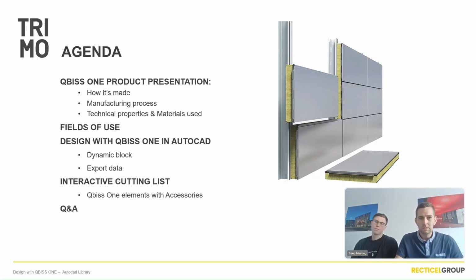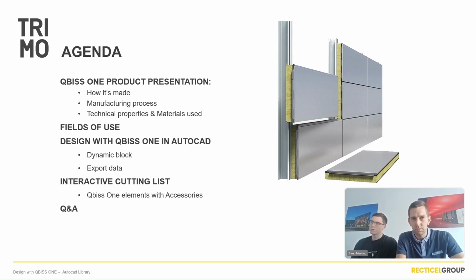Then we'll look at the fields of use, showing where qbiss One can be applied in different types of building setups. And once we cover the fundamentals, we'll move into designing with qbiss One in AutoCAD. Here we'll demonstrate how to use our dynamic blocks and how you can export data directly from your drawings.